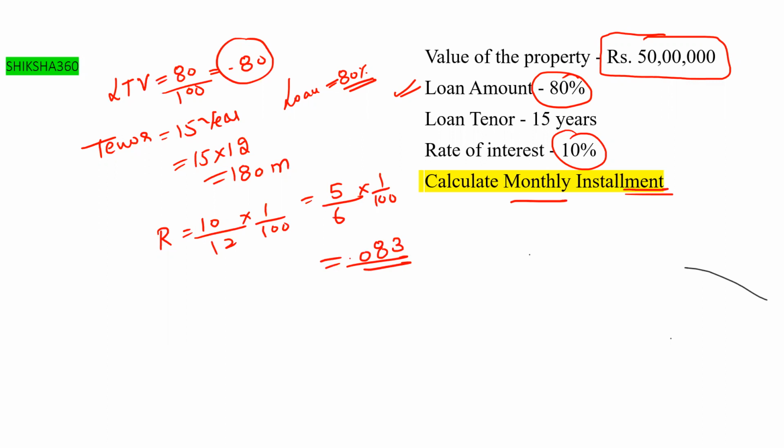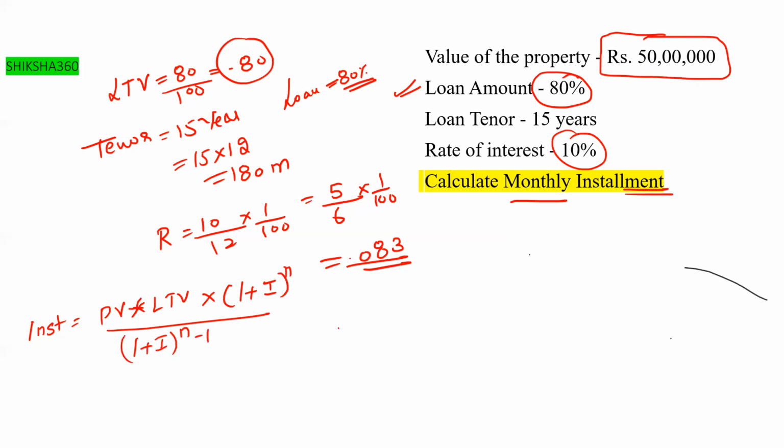Now we just have to put the values in the formula. Monthly installment equals PV into LTV into 1 plus i power n upon 1 plus i power n minus 1.